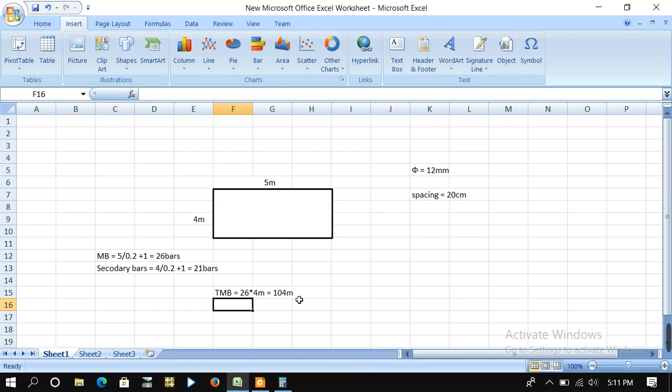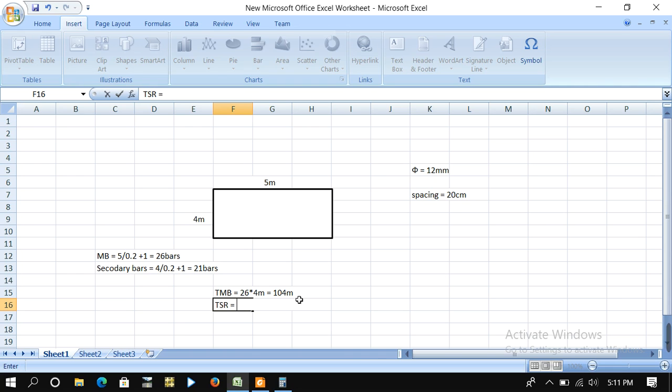Total secondary reinforcement is equal to multiplying the number of bars in the longer direction with its own length. The number of bars in the longer direction is 21 bars, multiplied by its own length.